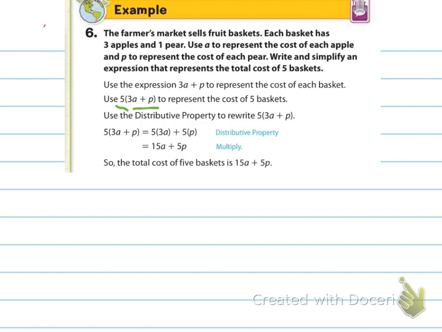And if we want to know the price, it's going to be 3 times A plus 1 times P, which is just P. But we're going to get 5 groups of that. And so using distributive property, I'm going to do 5 times 3 times A, which is 15A, plus 5 times P, which is 5P. So in the end, I'm left with 15 times A plus 5 times P. And that's the cost of 5 baskets.